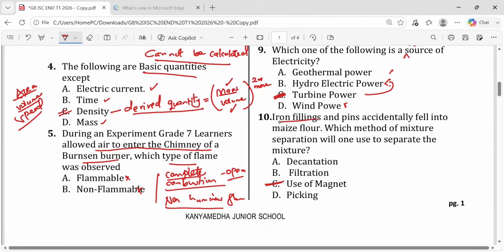Because iron filings and pins are magnetic materials. Being magnetic materials, they will be attracted by a magnet. That is why we have to use a magnet.